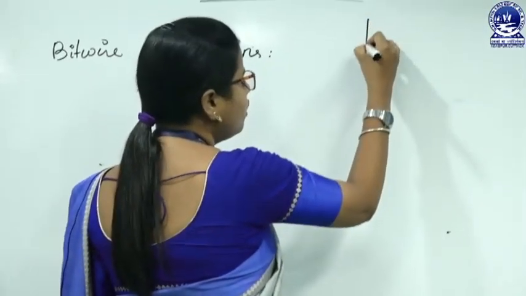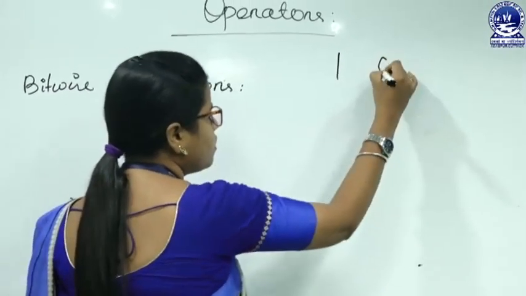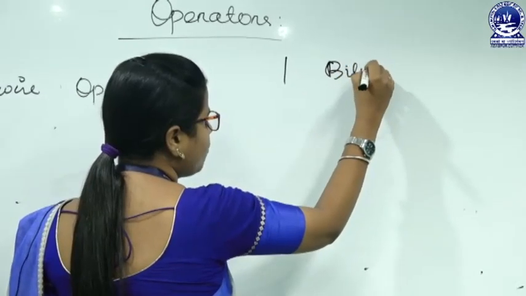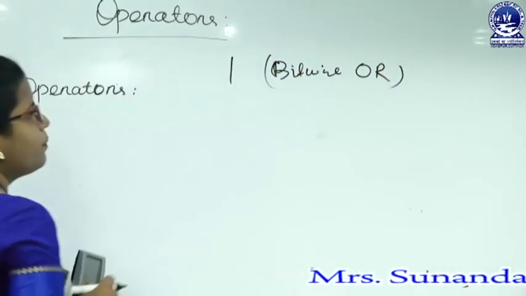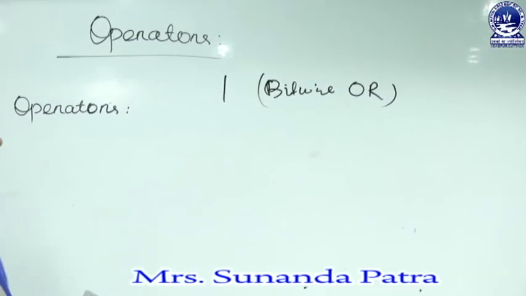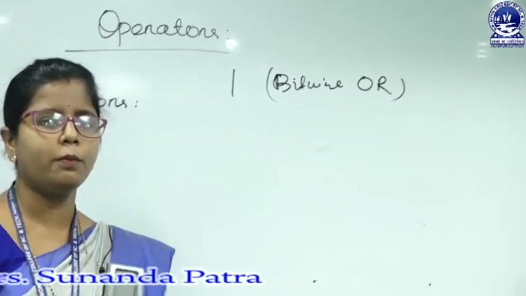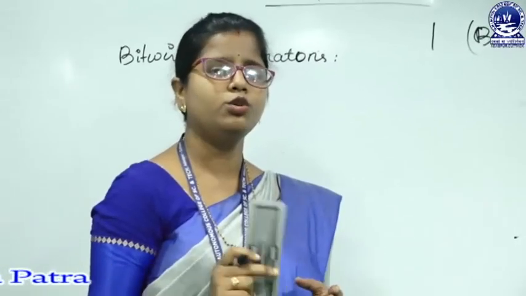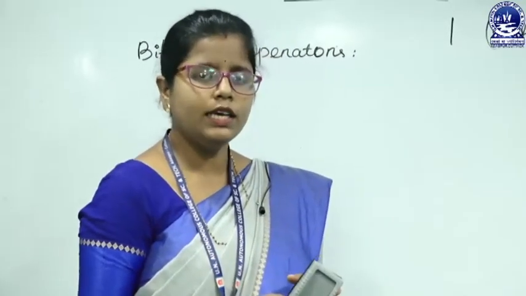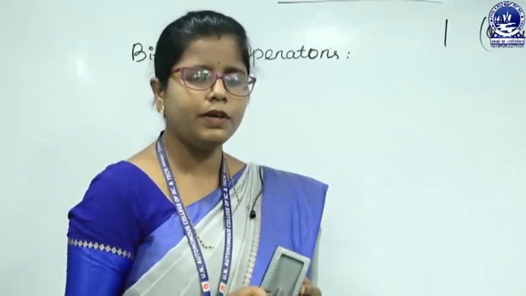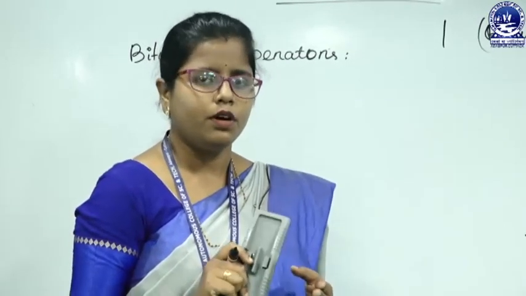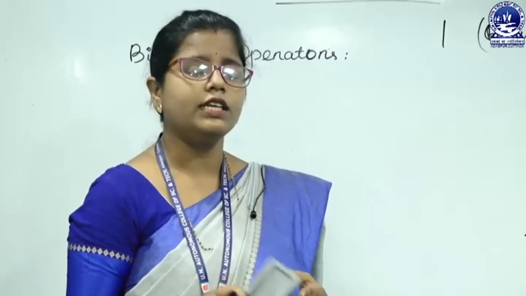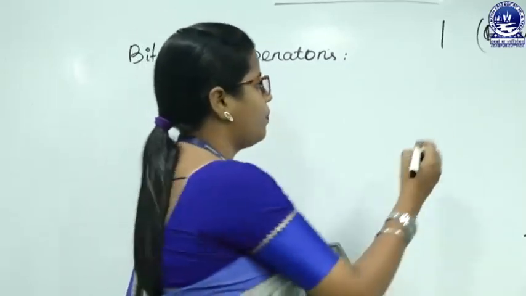Next, come to the bitwise OR operator. Bitwise OR operator means we are going to perform the bitwise OR operation on 2 operands. The rule is: if one of the bits is 1, then the result is 1. If both the bits are 0, then the result is 0.